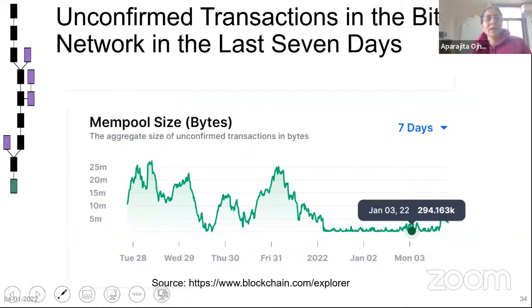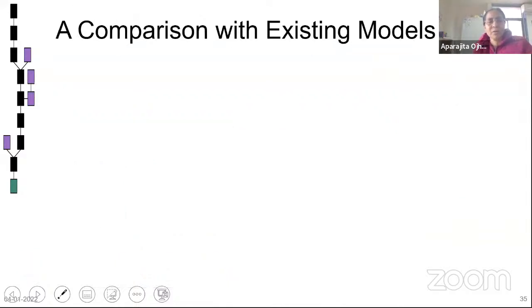And if you look at the unconfirmed transactions in Bitcoin in the last 7 days, on January 3, yesterday only I took this picture from this source, and it's showing these bytes are there, right? So it's a huge thing.